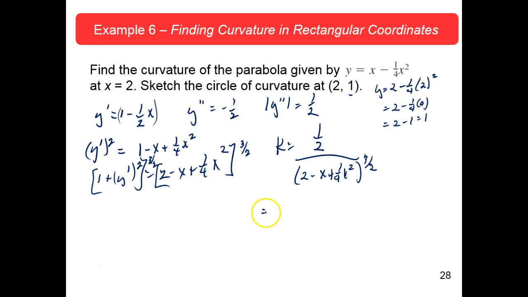And this is where we plug in x equal 2. So it'd be 1/2 over 2 minus 2, which of course is 0, plus 1/2 times... 2 squared is 4 and 1/4 of that is 1, so that's just a 1. And 1 to the 3/2 power is still 1, so this is 1/2. There's your curvature. K is 1/2.